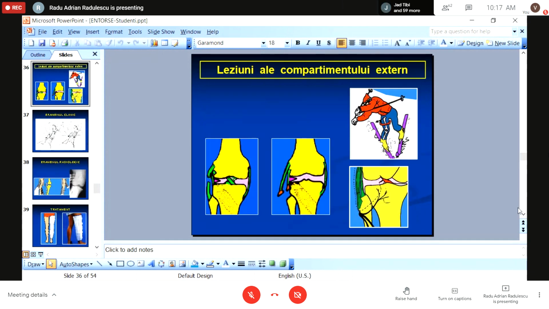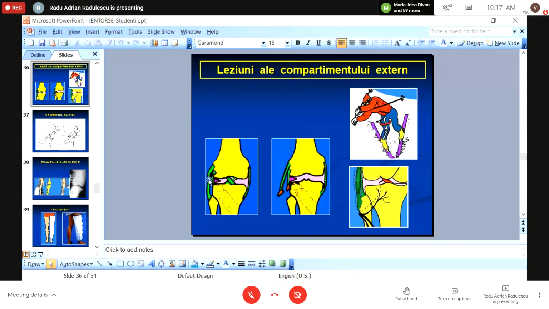The same thing that happens on the medial side of the knee is possible on the lateral side of the knee, of course, if the trauma is reversed. Here we see, instead of forced external rotation of the knee, we may have internal rotation of the knee, and instead of forced valgus position, we may have forced varus position. This time, the lesions, like I said, will be on the lateral aspect.